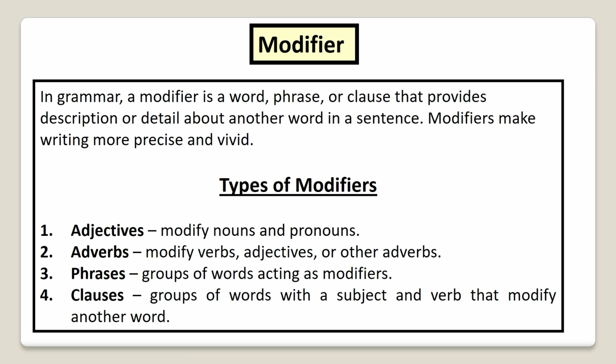Let's understand the different types of modifiers. Number one, adjective modifiers. We know adjectives modify nouns and pronouns. Any word used to modify nouns and pronouns is called an adjective, and they are called adjective modifiers because they modify the noun and pronoun.